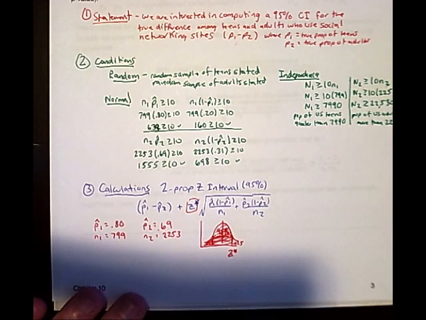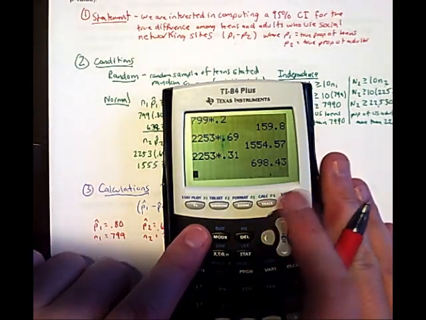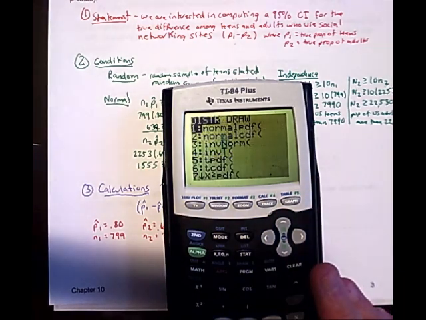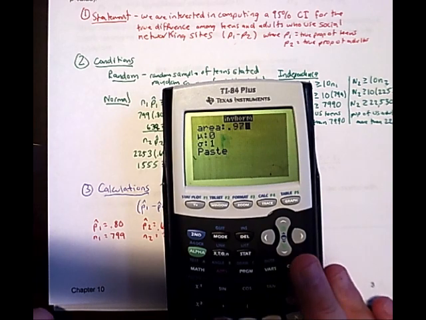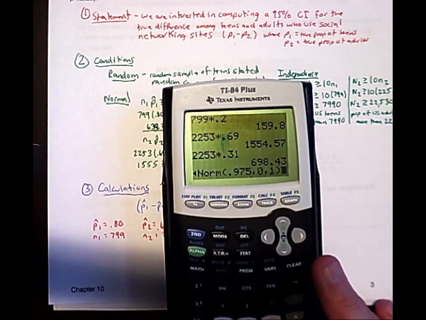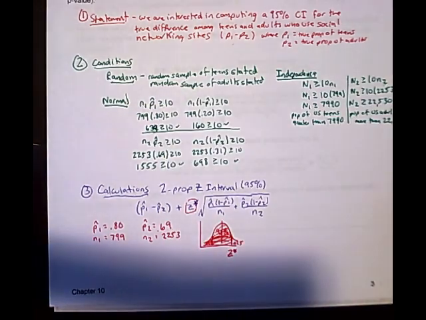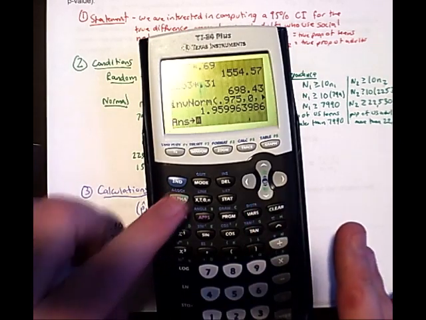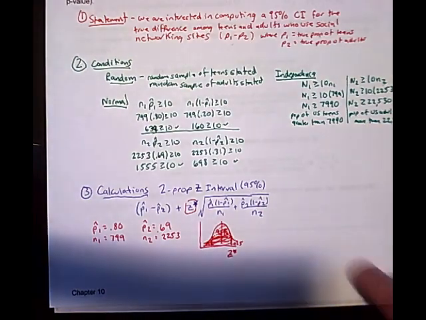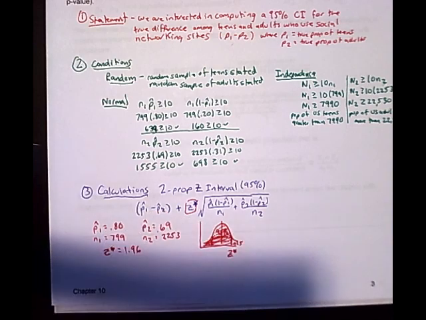We can do that using inverse normal. So I can go second distributions, inverse normal, area 0.975. Leave those alone, paste. All right, so 1.96. You can store that with whatever letter you want, because you know you're going to need it. Store it as z. So the z star is about 1.96.